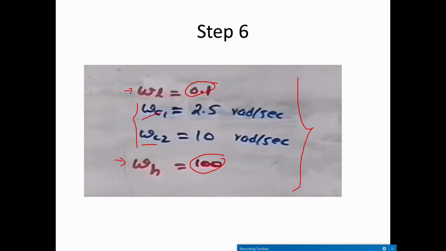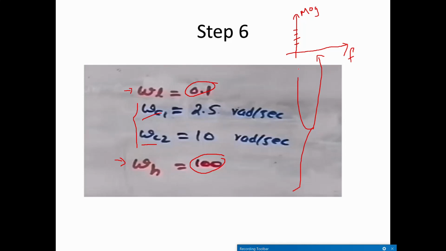So after this we need to find out the gain magnitude, because we know that we have to plot frequency versus magnitude, right? These omega L and the others come under the frequency term, but we need to find out what its magnitude is.